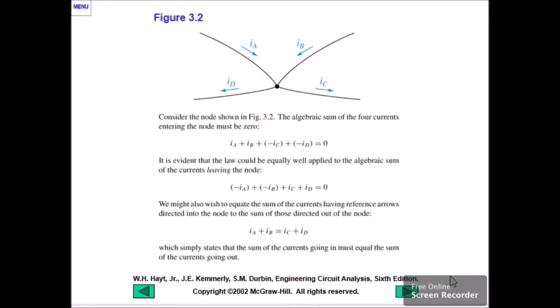Gamitin in solving the problem. Okay. Now, ang medyo tricky sa circuit is that, bibigyan kayo kung ano yung kailangan nyo gamitin. And then, pagdating sa problem solving, wala talagang specific na sinusunod. Like, for example, una, gumawa ka ng KVL, next KCL, and then mag-Ohm's law ka. Walang ganun na step. Okay?